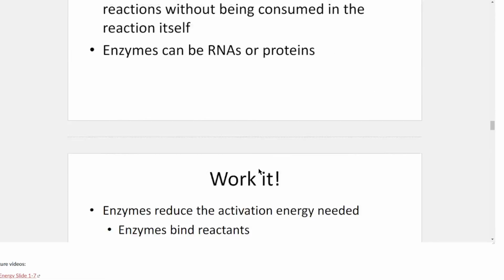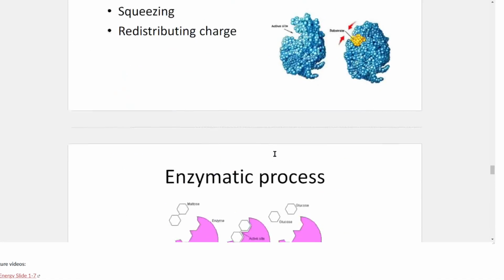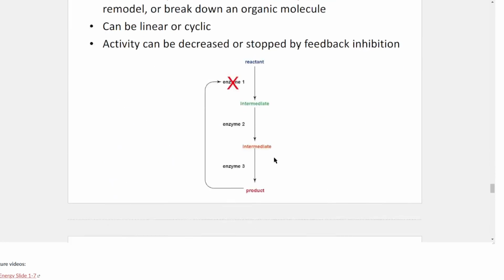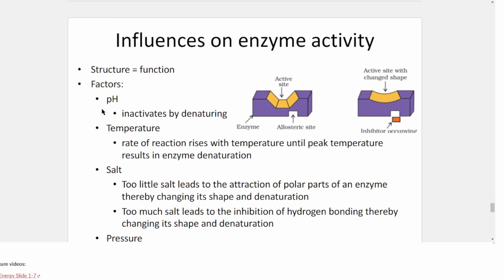It really helps. Okay, so we're talking about enzymes and denaturing proteins. Here's the slide. We have factors: pH, you were right. Temperature: the rate of reaction rises until peak temperature, and beyond that results in enzyme denaturation.